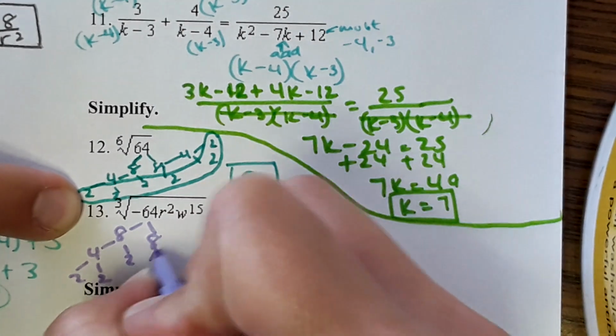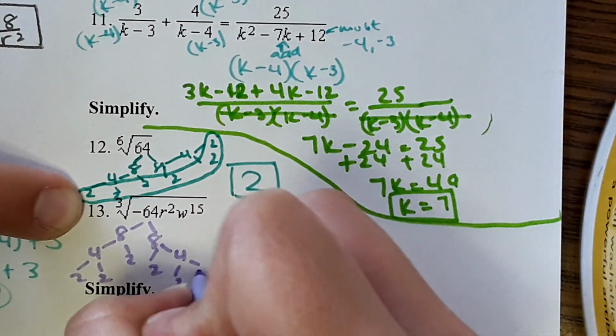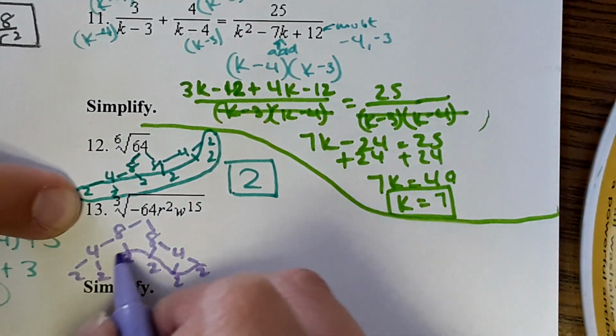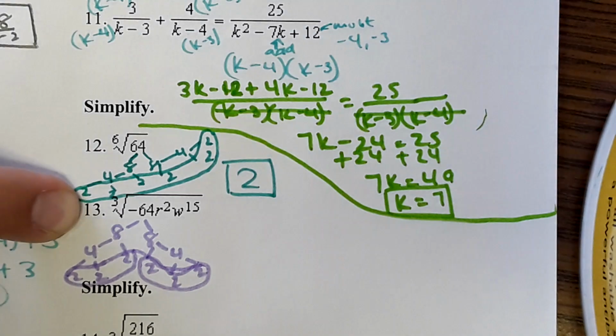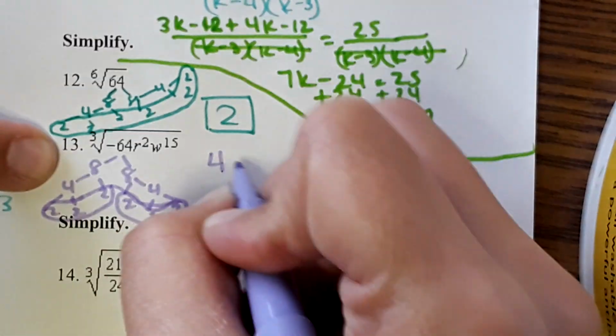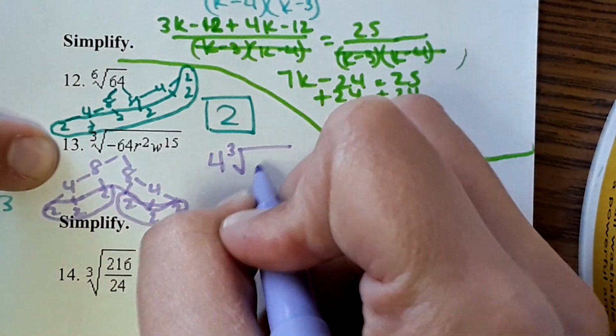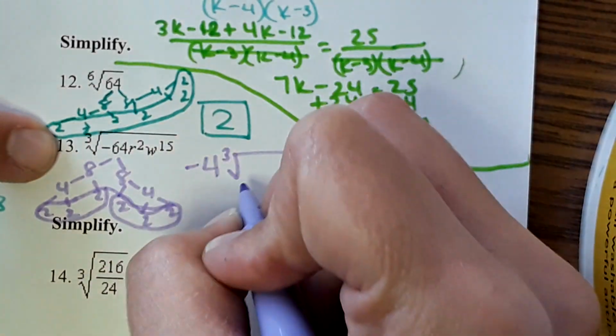And that r is broken up like 2 r's, right? We'll get there in a second. Okay, so I got 2 groups of 3 because now we're doing cubed root. So 2 times 2 is 4. So so far I have this. And that's negative 4.